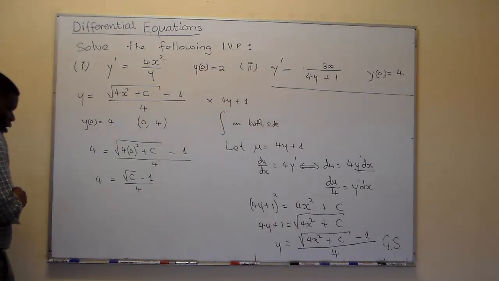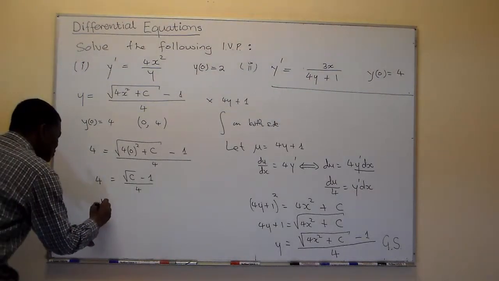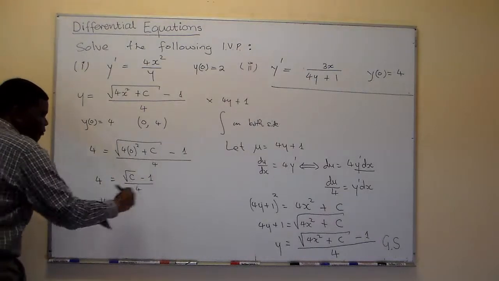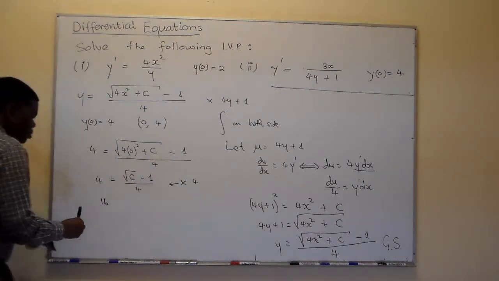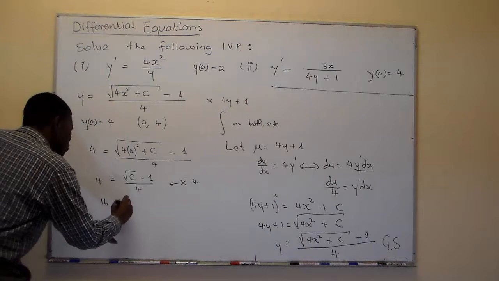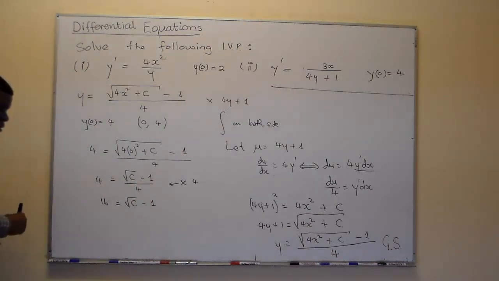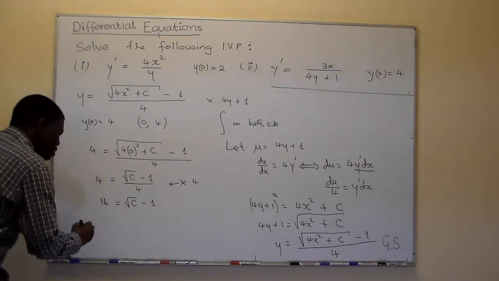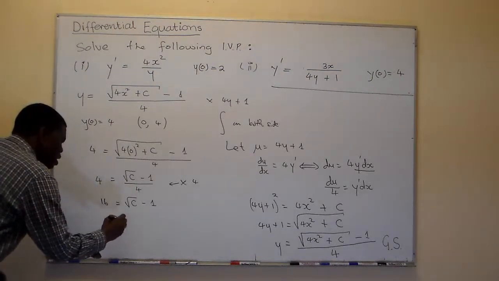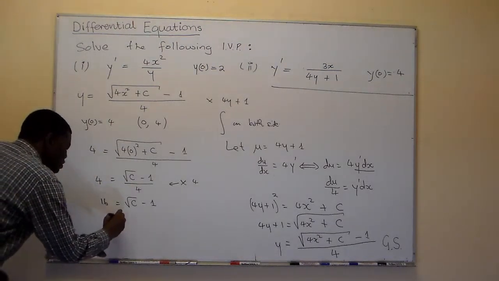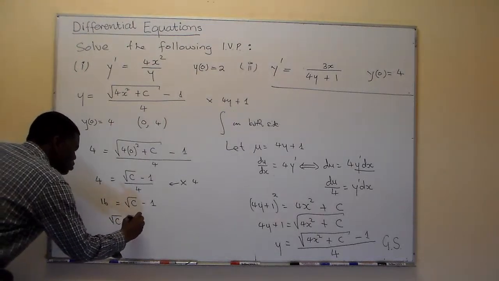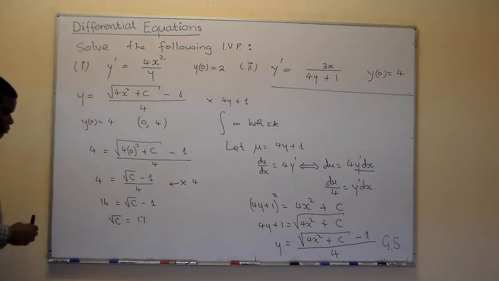Simplifying this, multiplying all this by 4, that's 16 equals the square root of c, minus 1, which gives us the square root of c equals 17.